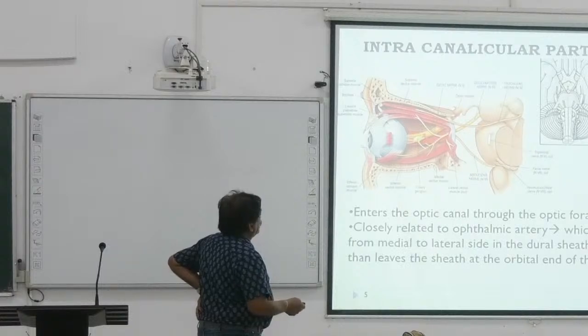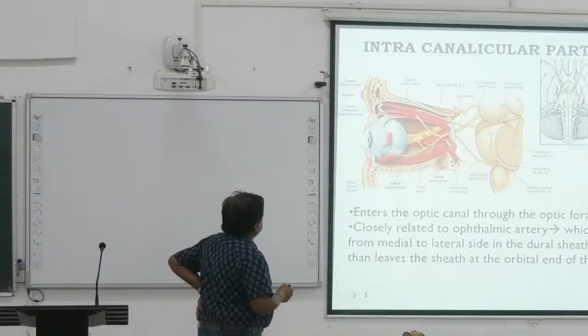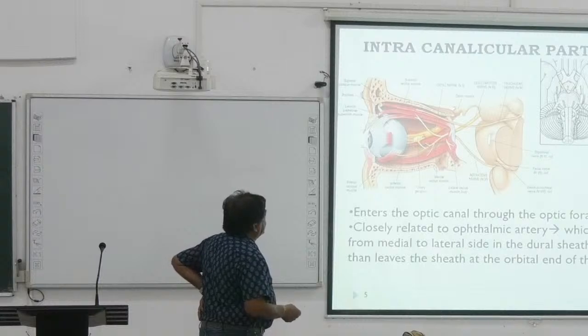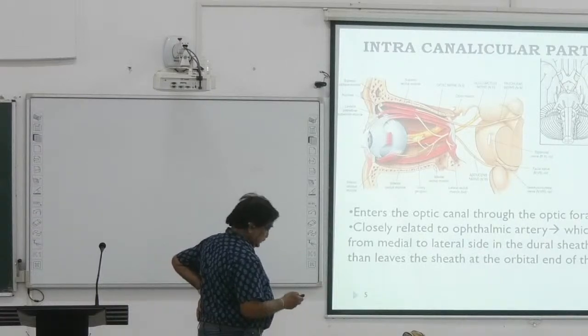Enters the optic canal through the optic foramen, closely related to the ophthalmic artery, which crosses the nerve inferiorly from medial to lateral side in the dural sheath, then leaves the sheath at the orbital end of the canal.